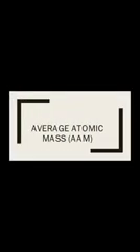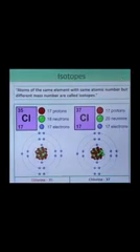Next, we will learn about average atomic mass. Its acronym is AAM. Before stepping into the concept, let's recall what an isotope is. Atoms of the same element with the same atomic number but different mass number.